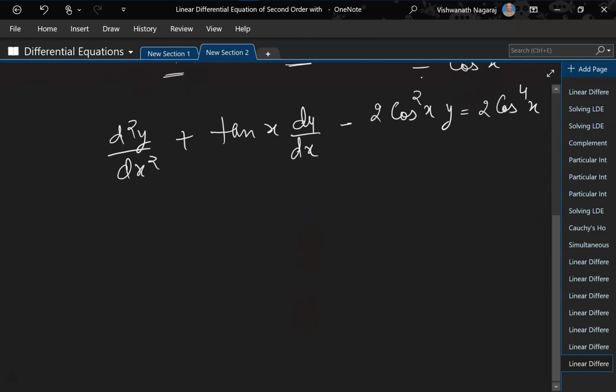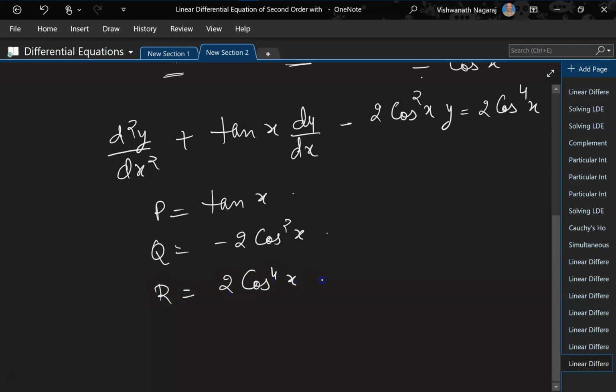Right? So this is in the standard form. And here P is equal to tan x, Q is equal to minus 2 cos²x, R is equal to 2 cos 4x.